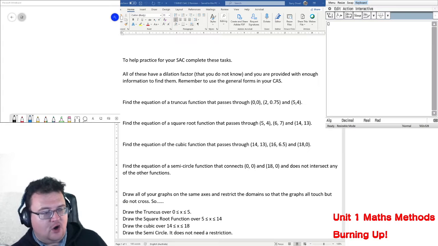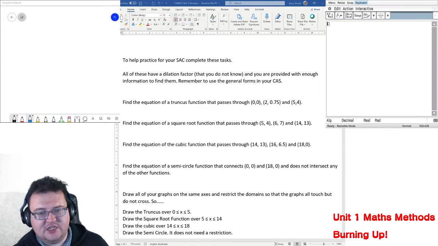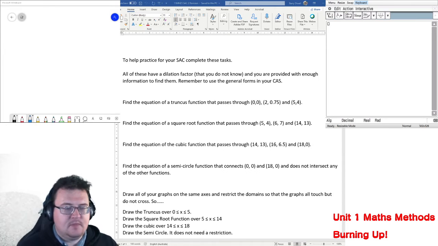So what we have to remember is that all of these functions have dilation factors that we aren't told. However, we know enough information about them. The first question is to find the equation of a truncus function that passes through those three values.